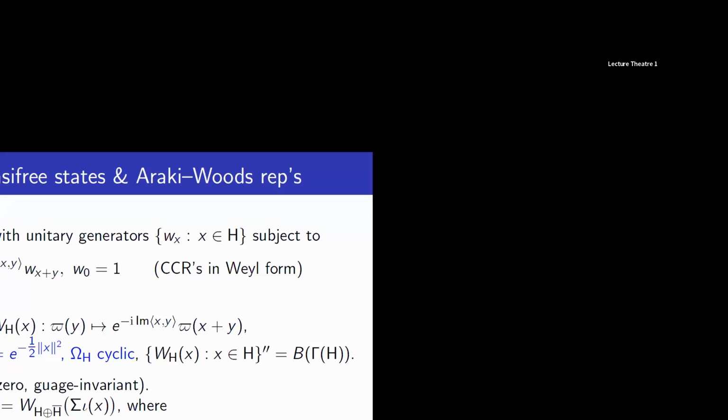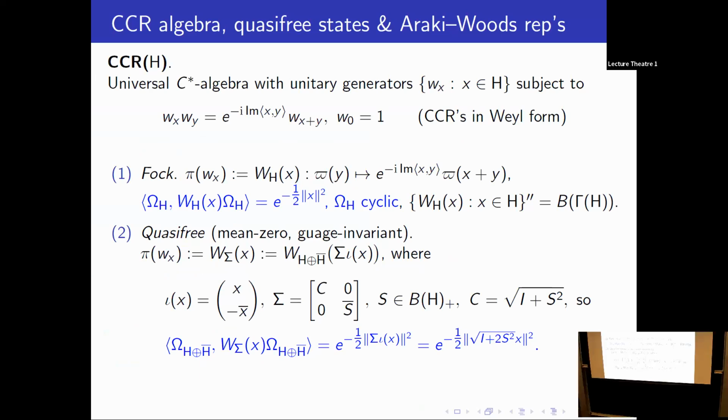S is a non-negative operator on the Hilbert space, S bar just means its conjugate version, and C is the square root of identity minus S squared, which gives us a quantum characteristic function of this shape.